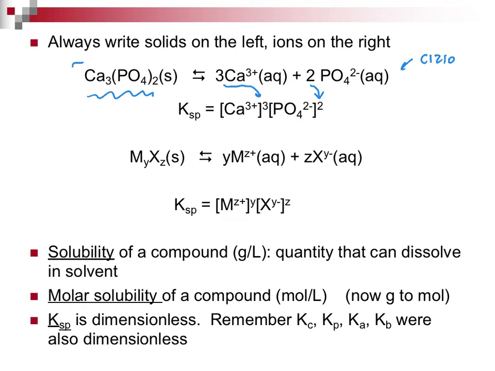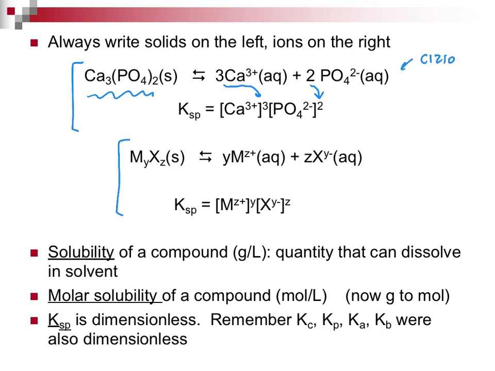So that is for an actual calcium phosphate, but we can generalize for any metal and non-metal ionic compound. You can make that statement. So you can have a real life ionic solid, or you can have one of the conceptual solids.